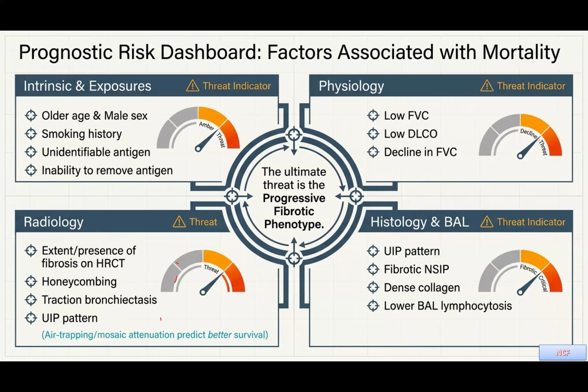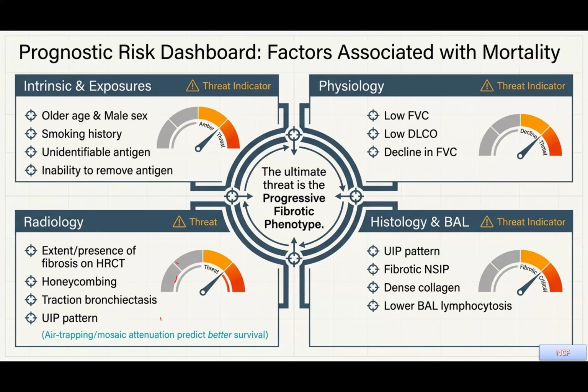So again, elderly male, smoker, if you're not able to identify the antigen, if you are unable to remove the antigen, and on radiology, if there is extensive fibrosis, presence of honeycombing, presence of traction bronchiectasis, if it's a UIP pattern.